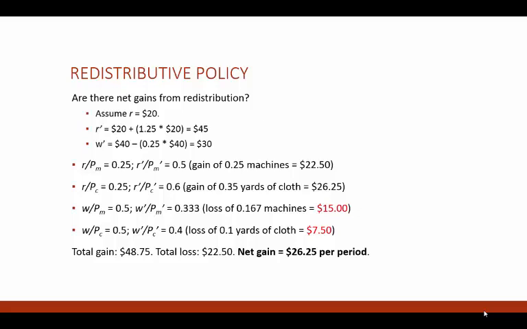We see that the sum of the gains from higher real rentals can fully compensate the sum of the losses associated with reductions in real wages, and there's still a net gain of $26.25 left over each period. Again, this can further be split in any way such that all parties become strictly better off compared to the situation under autarky.